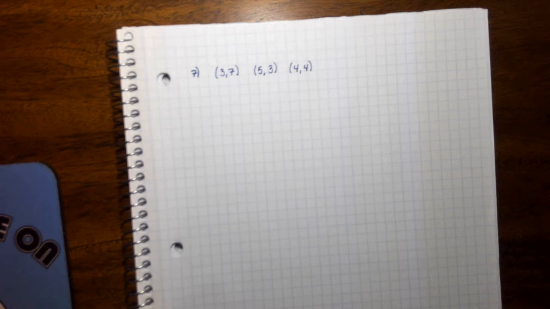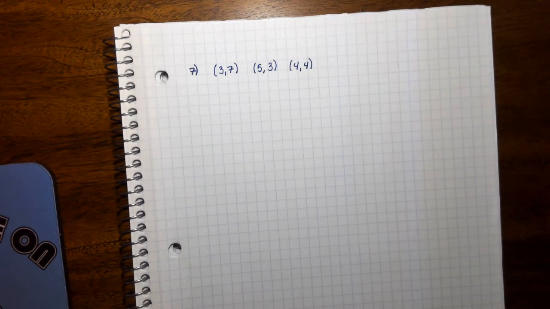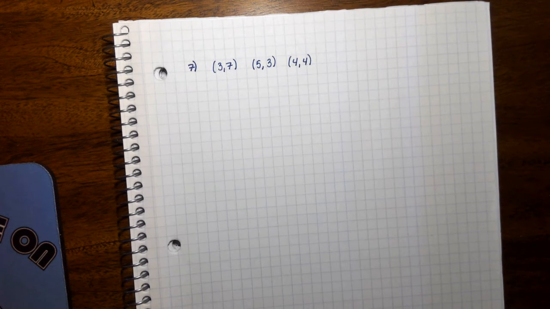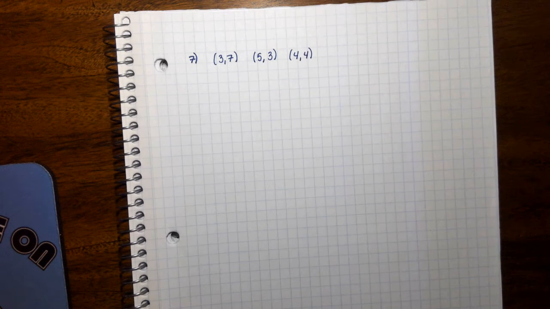Now I just want to mention the directions say opens up or down and passes through those points. Don't be freaked out by the opens up or down. In Kudo you have the option of doing up or down and right and left, and you guys have not gotten to the right and left yet, so these are just our regular ones.